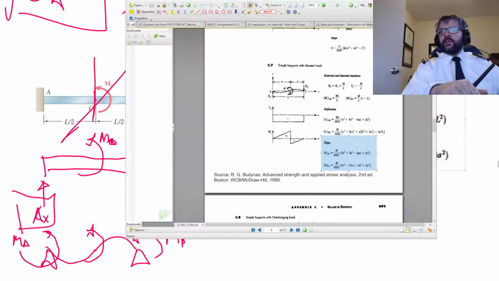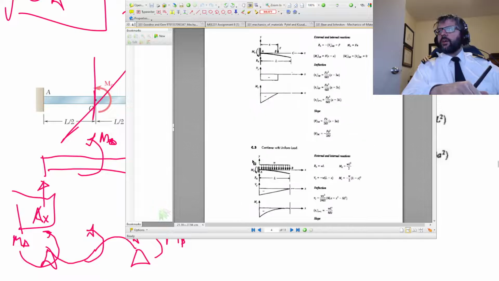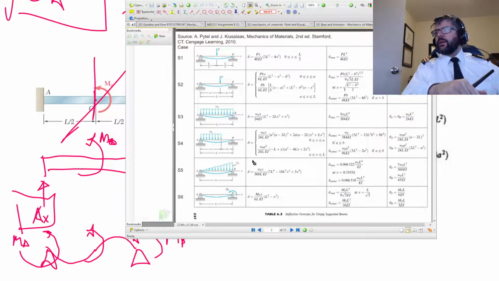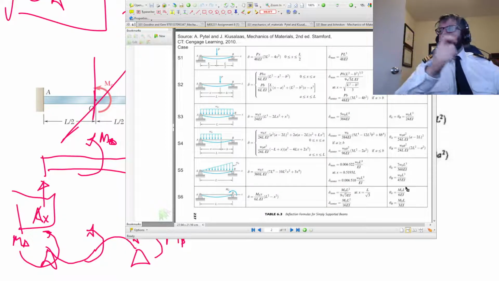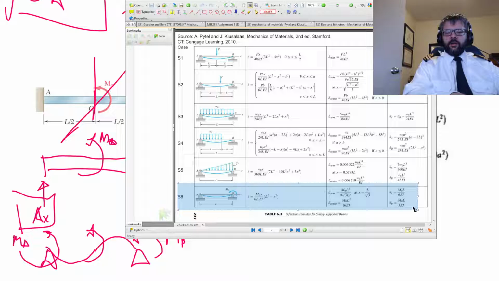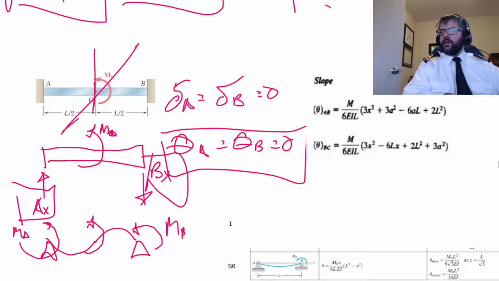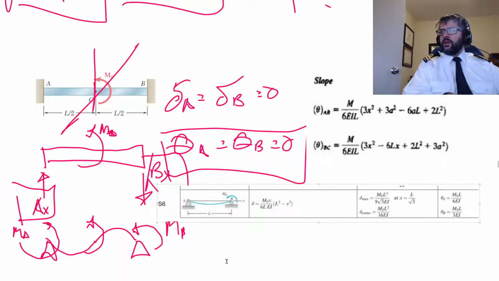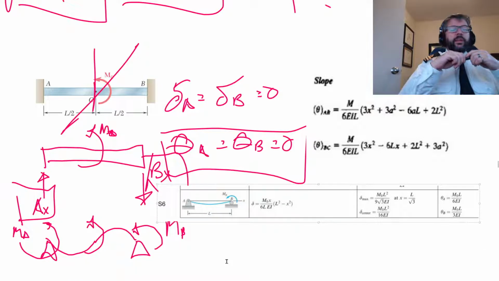And then essentially we just need to go back and apply a moment on either end.